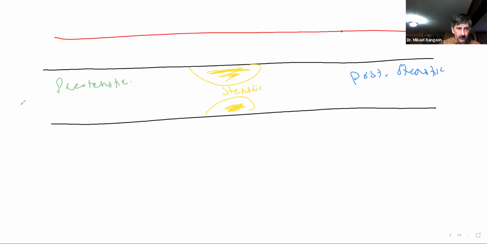Now what we already said was that as far as our velocities are concerned, this was the area where we had the lowest velocity.